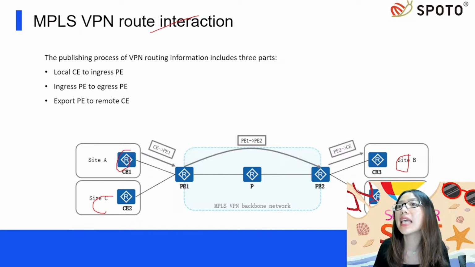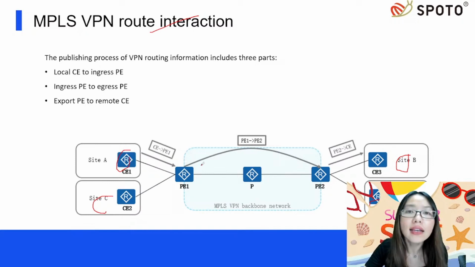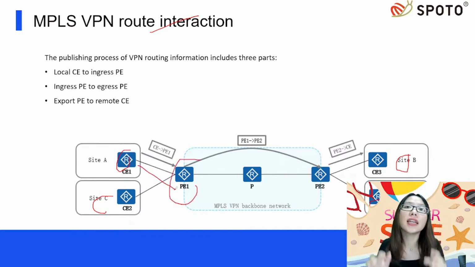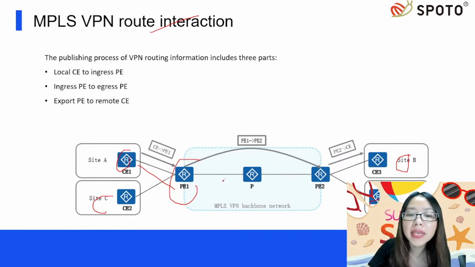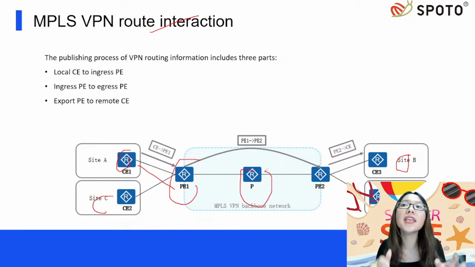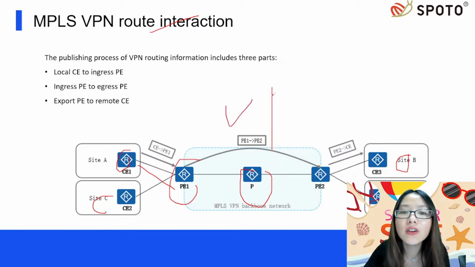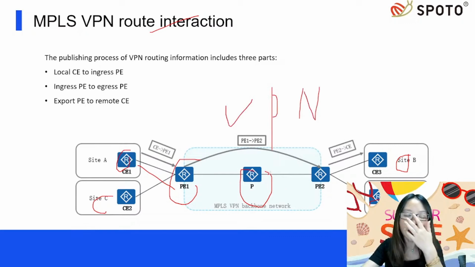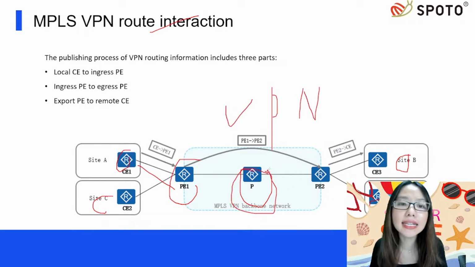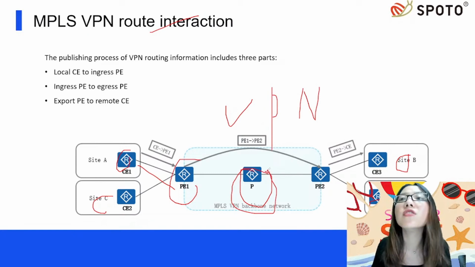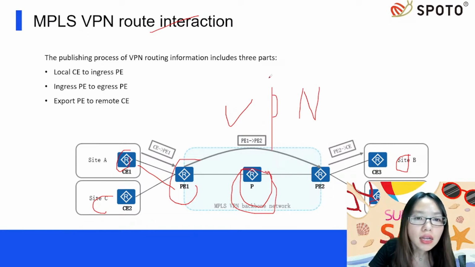In the basic MPLS VPN network, CE and PE are involved in the advertisement of VPN routing information. The P router only maintains the routes of the backbone network, and it doesn't need to know any VPN routing information.